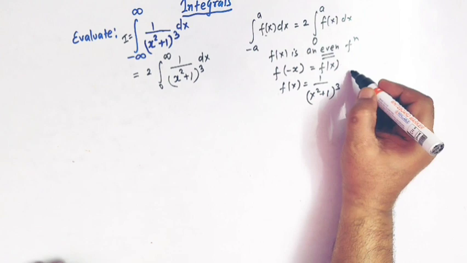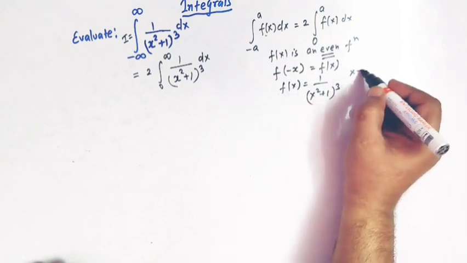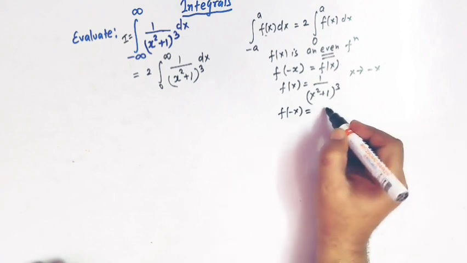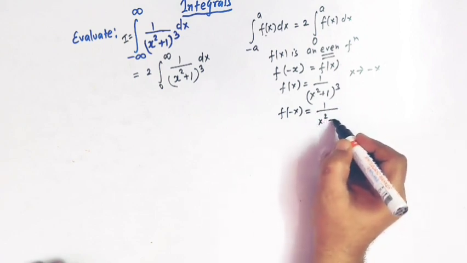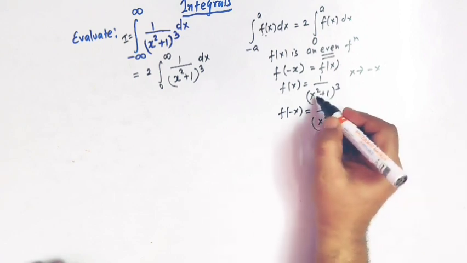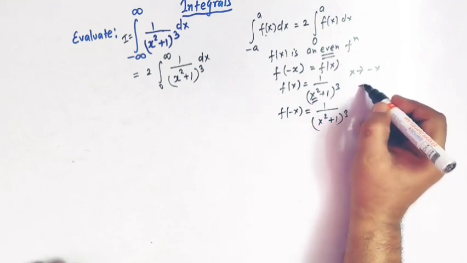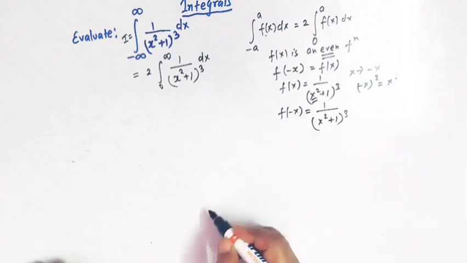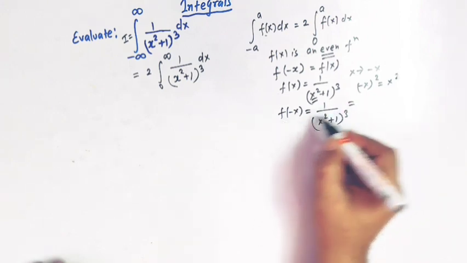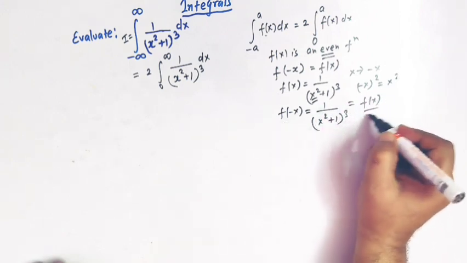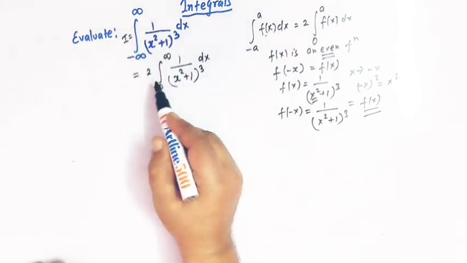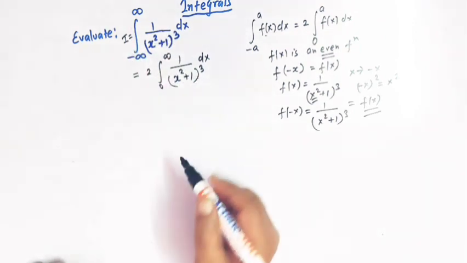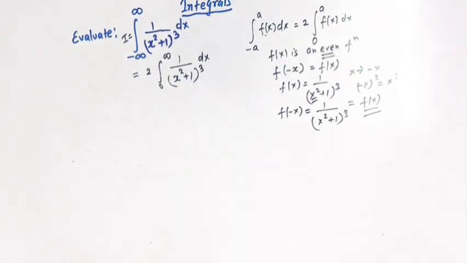So when we replace x by minus x, then f(minus x) is equal to 1 over (x square plus 1) whole cube, because minus x square remains the same as x square. So f(minus x) is equal to f(x). So we can write this integral as 2 times the integral from 0 to infinity of 1 over (x square plus 1) whole cube.